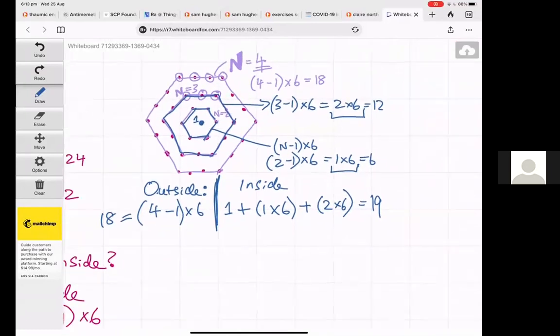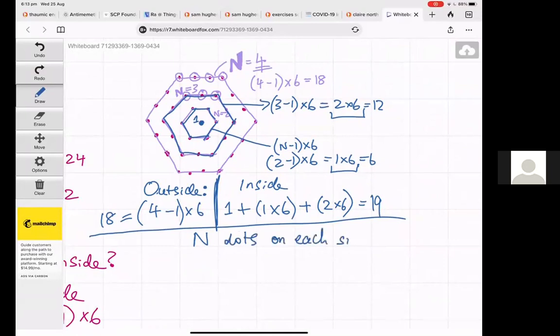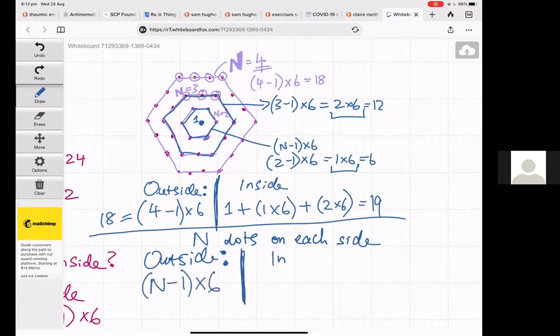Okay, so if we want to talk about any sized hexagon, for different values of n, so n dots on each side, then the outside has, like we did before, n minus 1 times 6. But then the inside, we have to add up all the different ones.